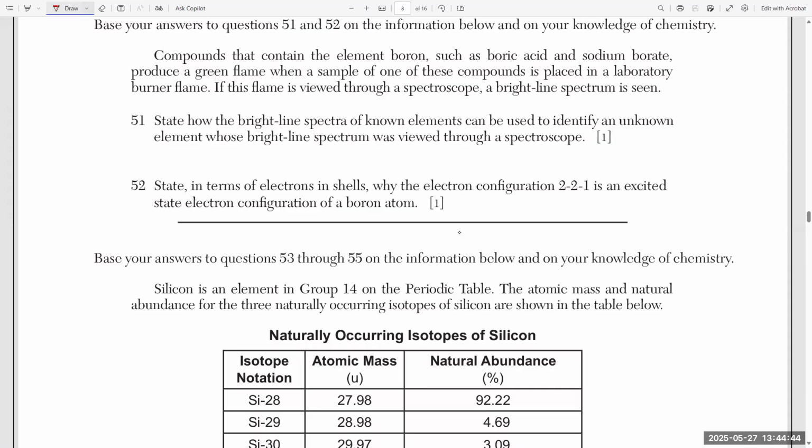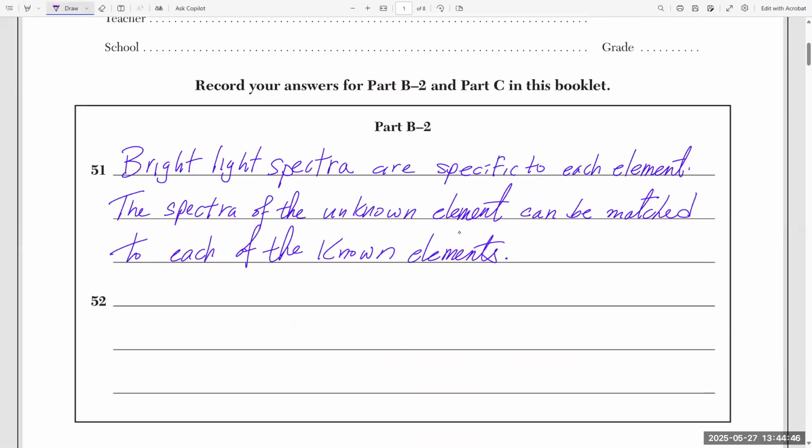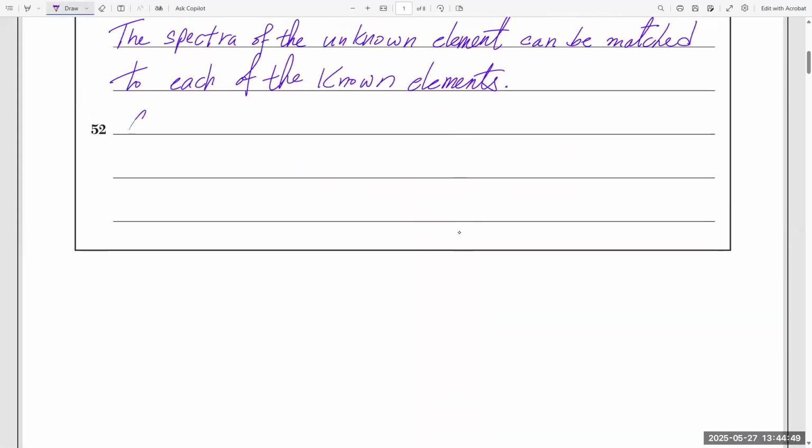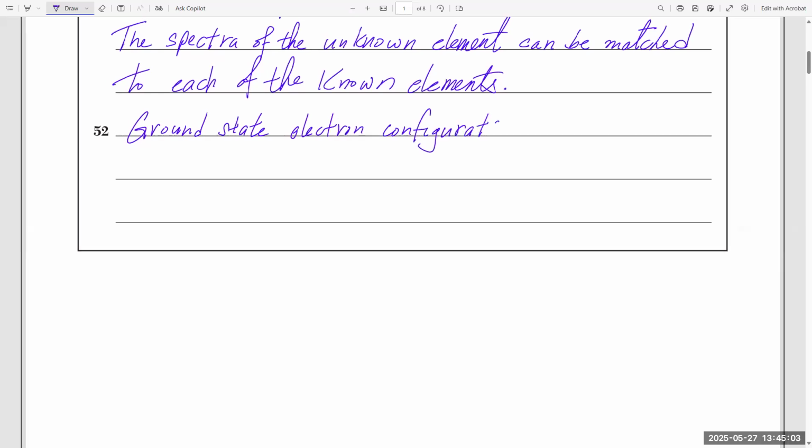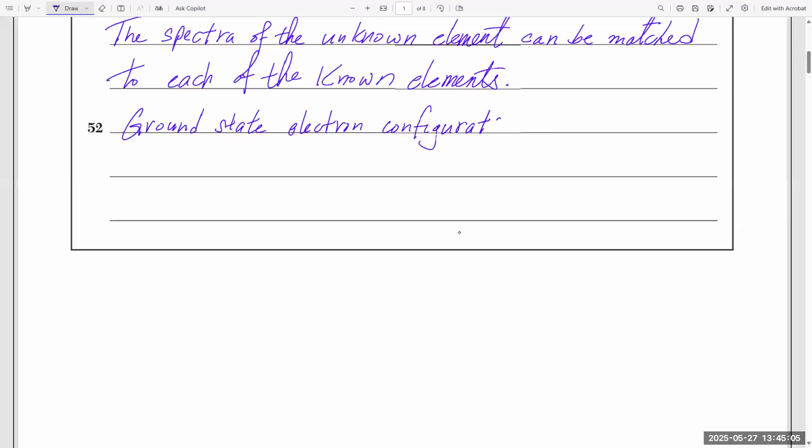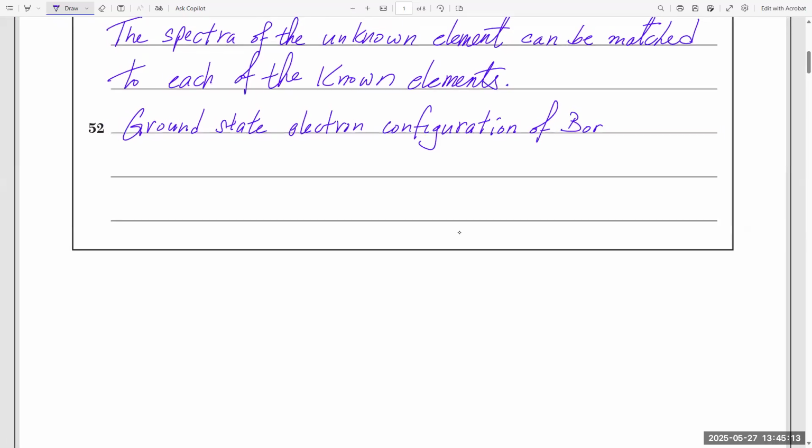So we know that the ground state electron configuration, excuse me, of boron is 2-3.